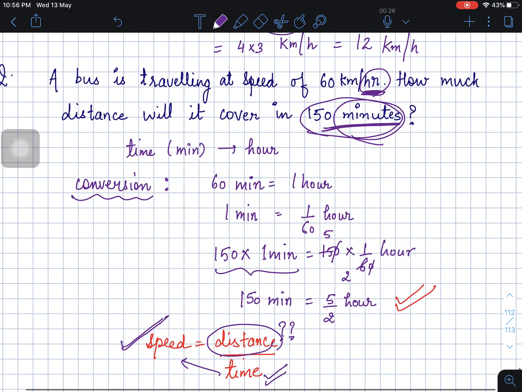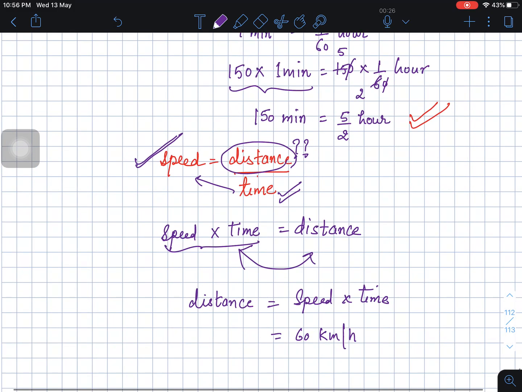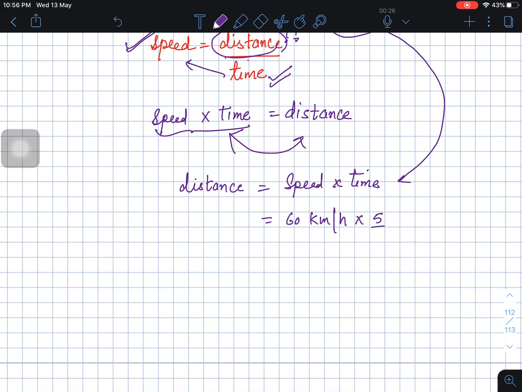Now from here we can see that the speed is 60 km per hour, so just put it as 60 km per hour, and the time we have taken as 5 by 2 hour. Write it here, 5 by 2 hour. I can write this kilometer per hour as 60 kilometer divided by hour.